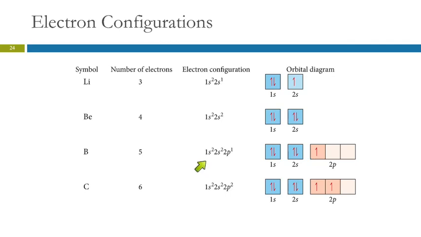So then this would be 1s2, 2s2, 2p1. Carbon has 6 electrons. We put another one in there. The orbital diagram shows us that these 2 electrons are in separate orbitals within the same sublevel. The electron configuration doesn't specify that, doesn't have that detail. It's 1s2, 2s2, 2p2. Any questions right now?